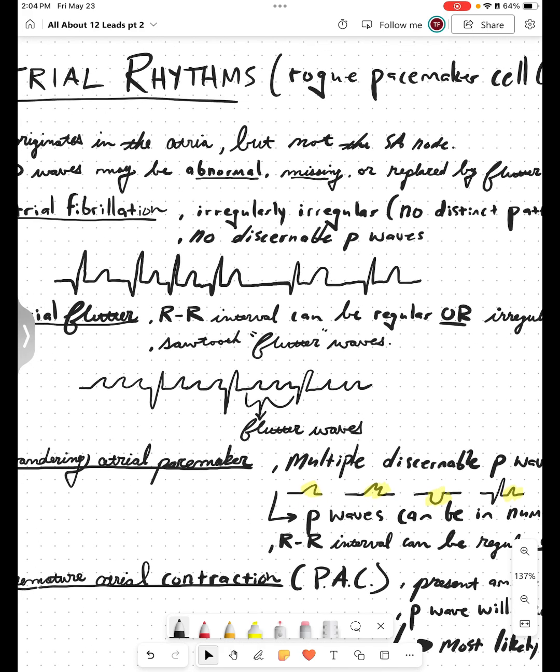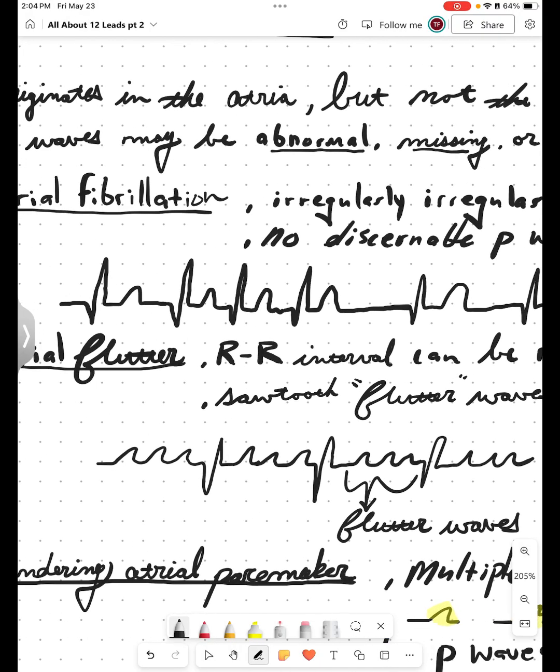There are also no discernible P waves. So here I have a depiction of what that might look like. We have QRS, T wave, QRS, T wave, and these R to R intervals are all over the place. And again, there's no P wave here. There's just QRSs and T waves.